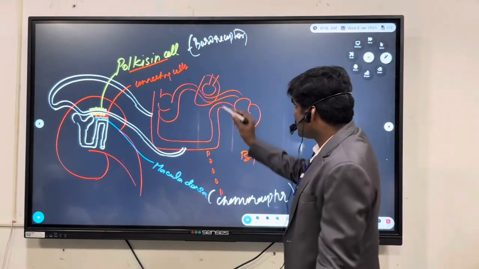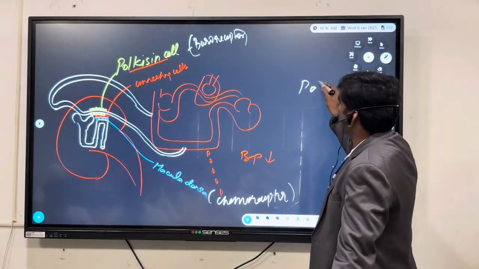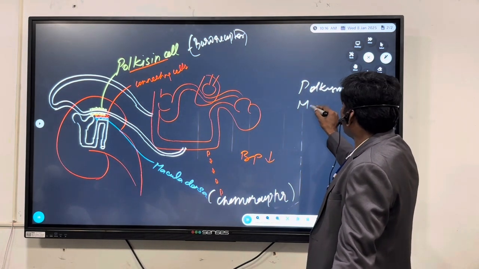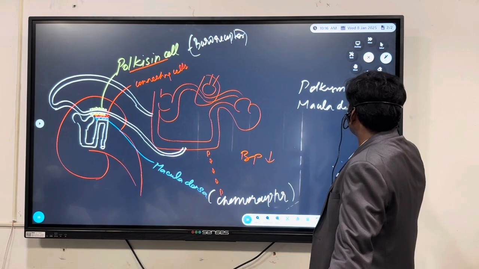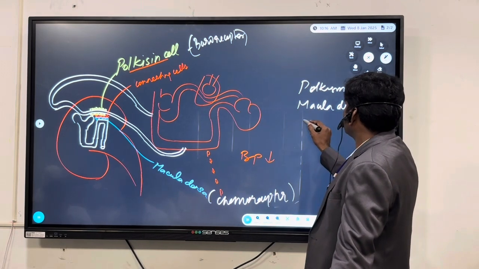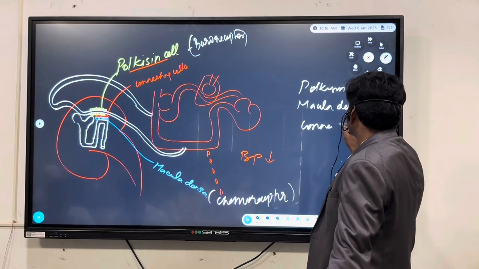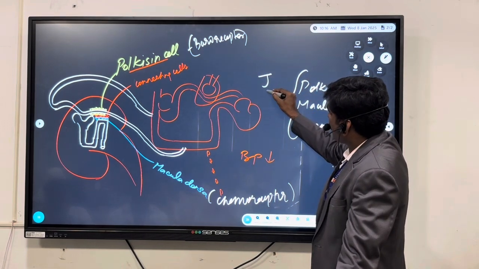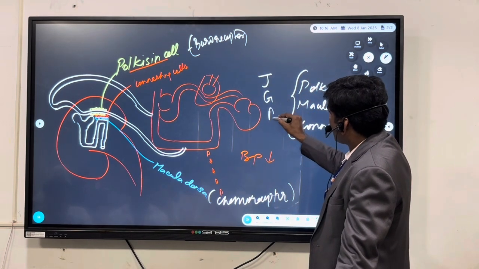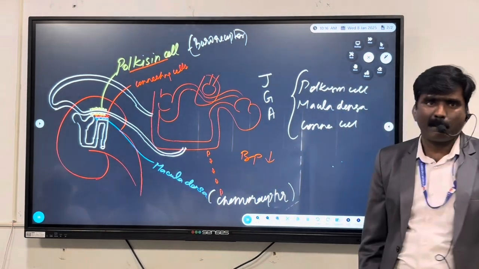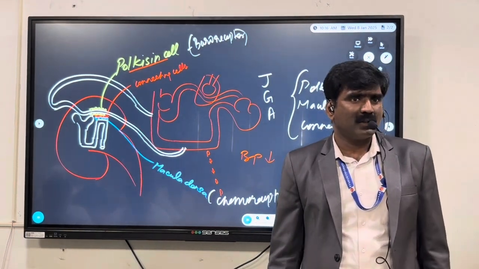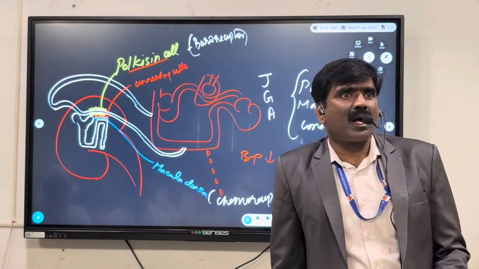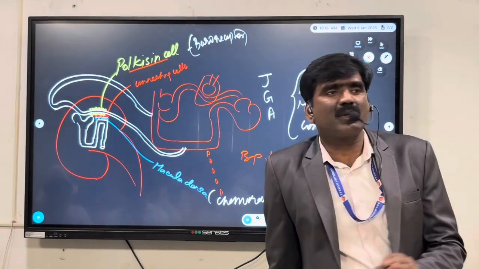So these three cells, that is the Polkissen cells, macula densa and connecting cells, together are called the juxtaglomerular apparatus. You must have heard of it, JGA, juxtaglomerular apparatus.